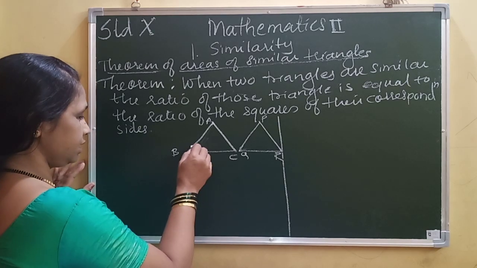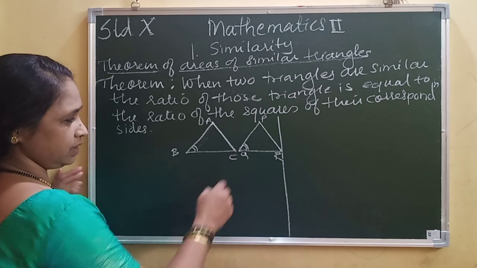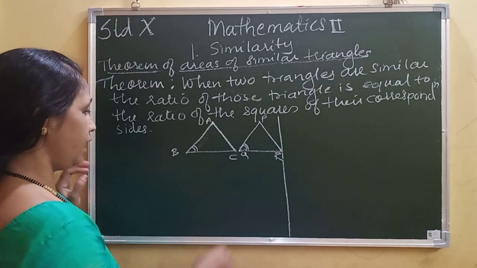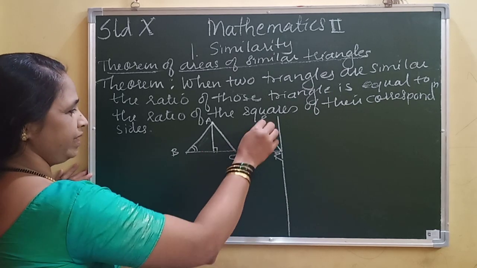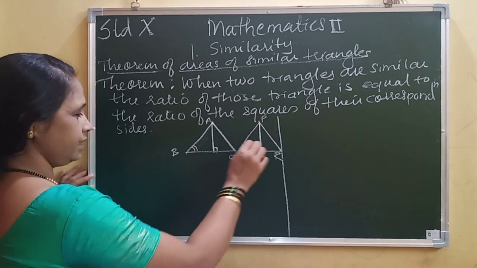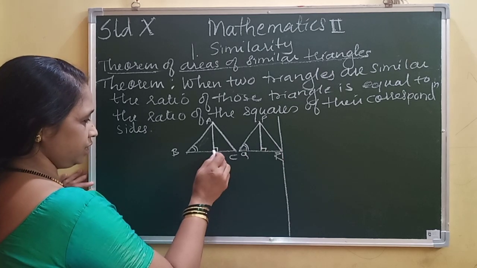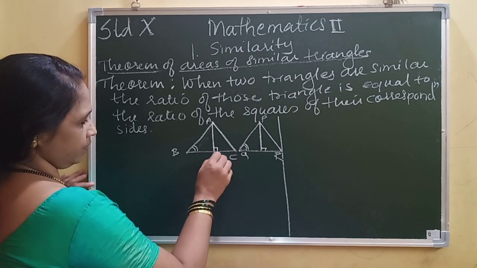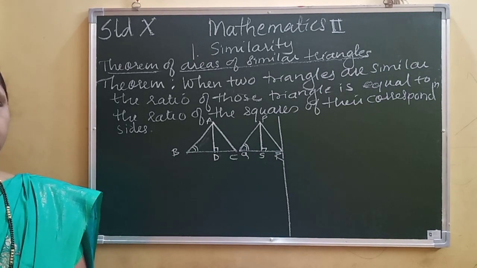Now in this it is given that angle B is equal to angle Q. And the altitudes are perpendicular to the sides BC and QR. We will name the feet of the altitudes D and S. Okay, now we have got the two triangles.